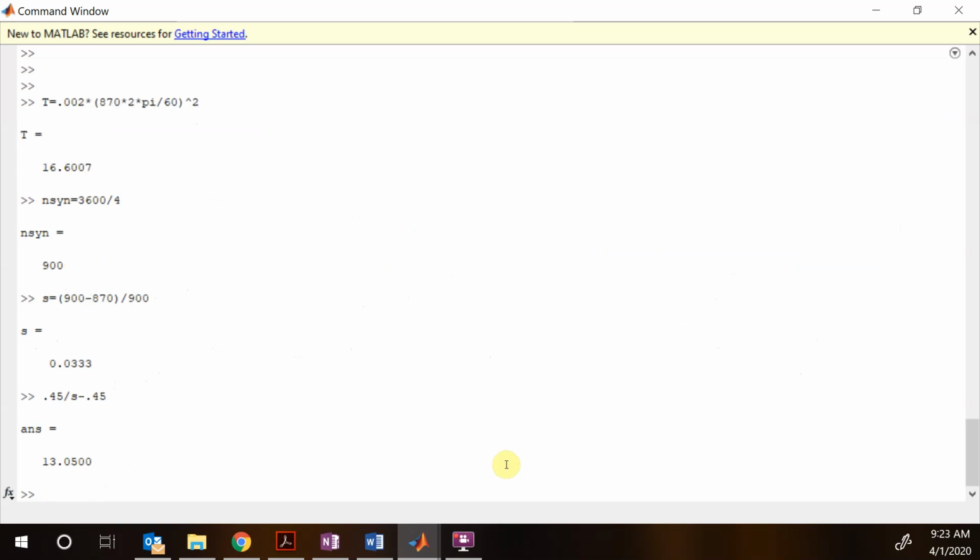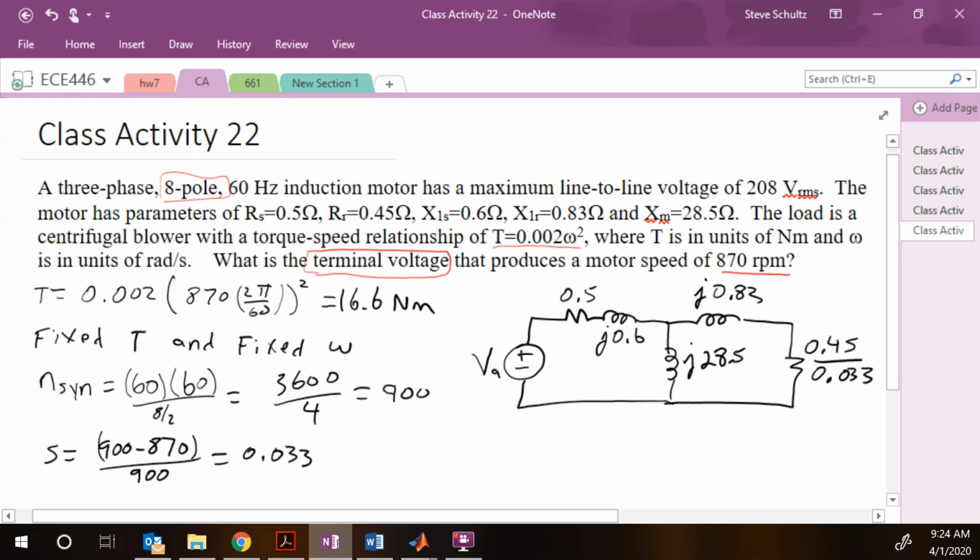So 13.05. Okay, and we are trying to get a specific power in the 13.5.